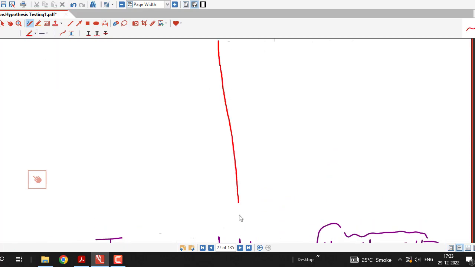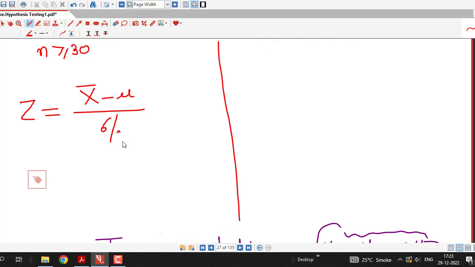If you recall, if we have a large sample size, that is n greater than or equal to 30, then we know that z equal to x bar minus mu divided by sigma over square root of n is the z statistic for testing a single population mean. Here our hypothesis is mu equal to some value. So this is what we have discussed up to lecture number 6.